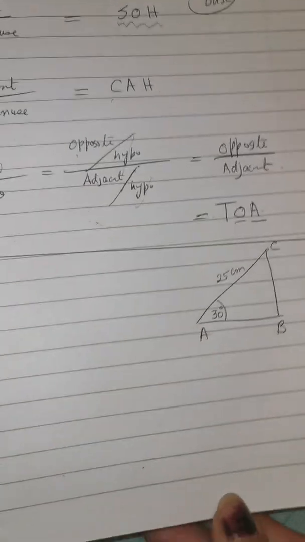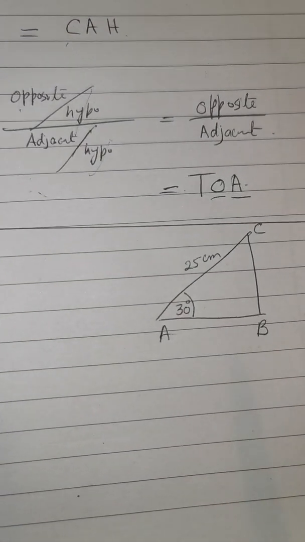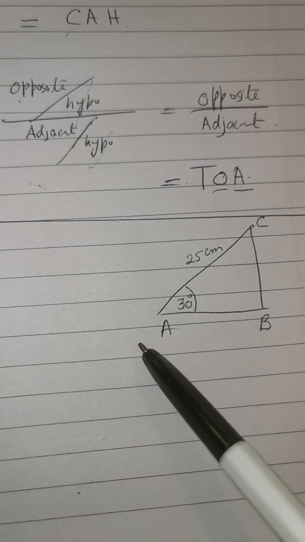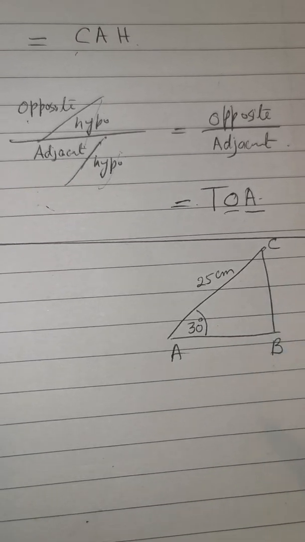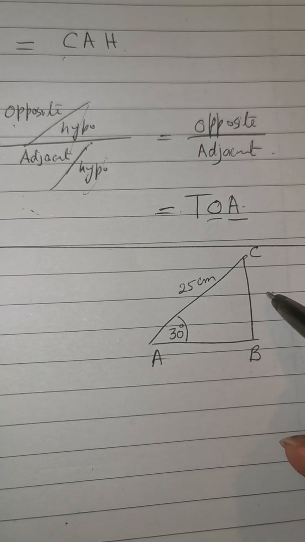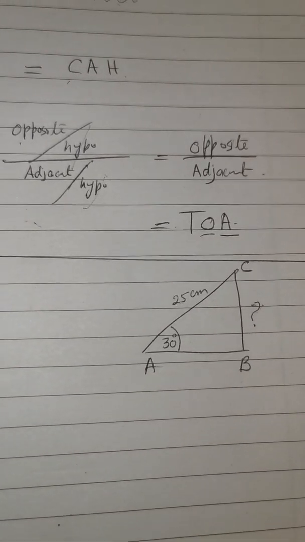For example, they can give you only this picture and ask you to find the value of BC. So which value do we have to calculate? Mark it as a question mark.